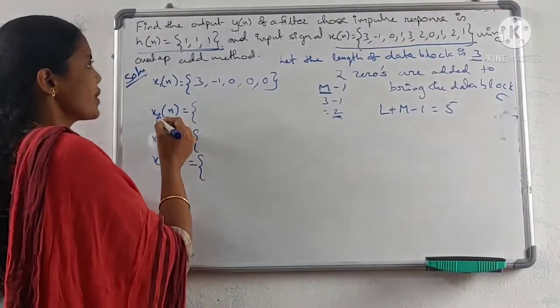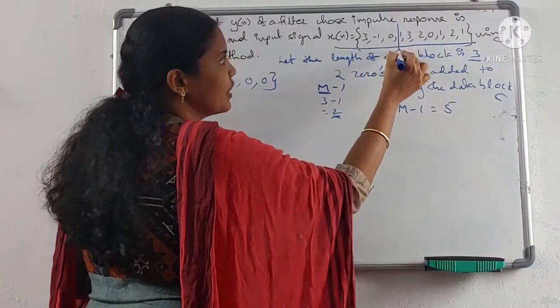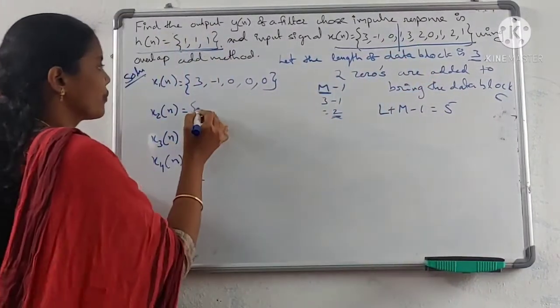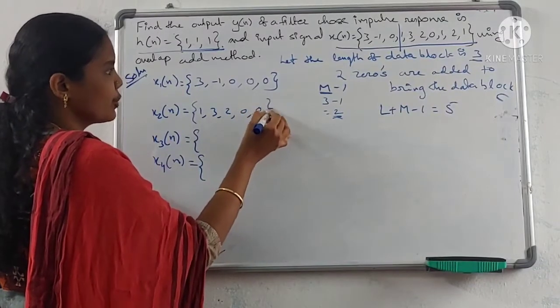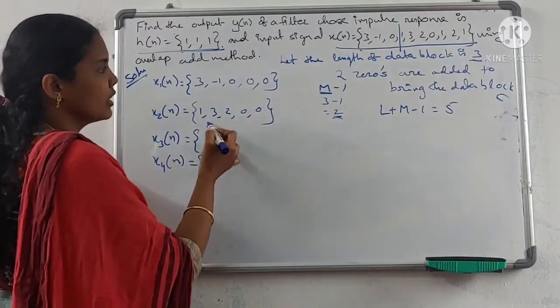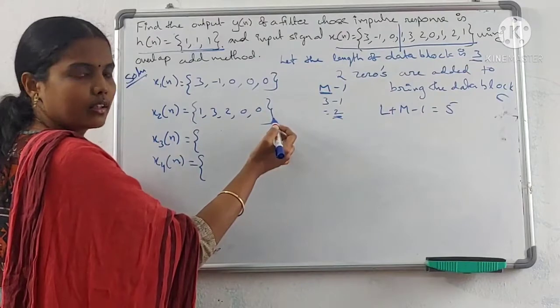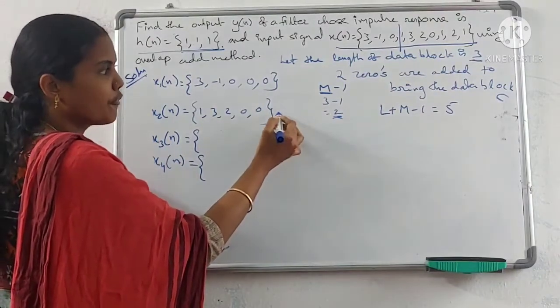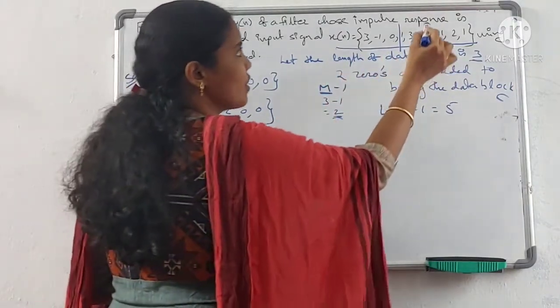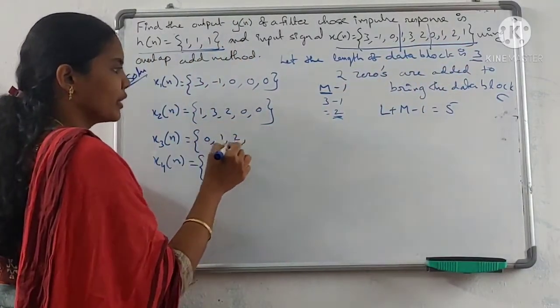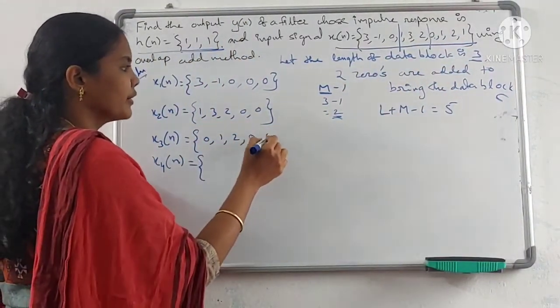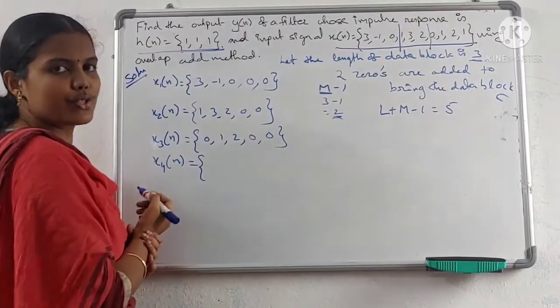So x2 of n is 1, 3, 2, and again you add 2 zeros. Now the size of each block is 5. After this, 0, 1, 2, and again add 2 zeros.